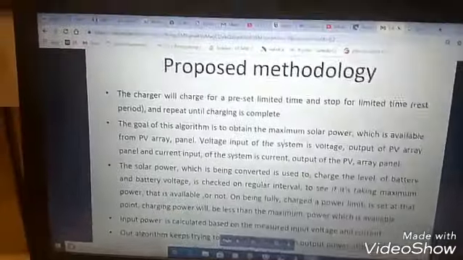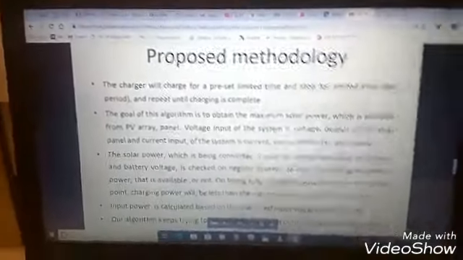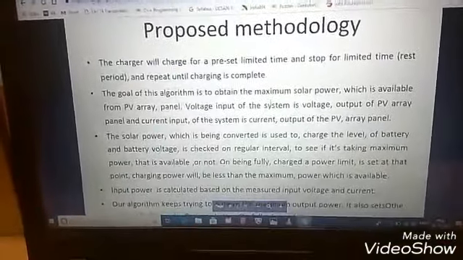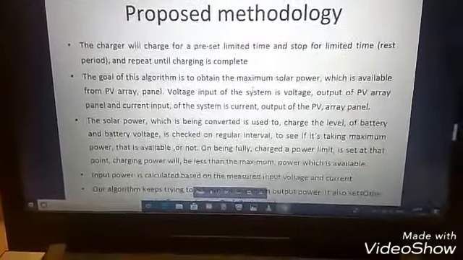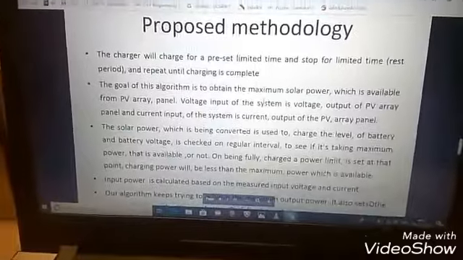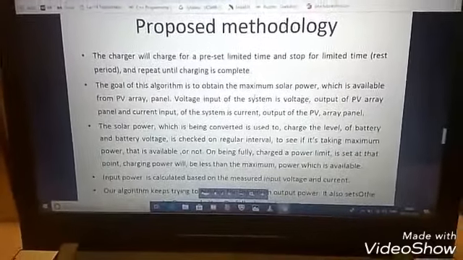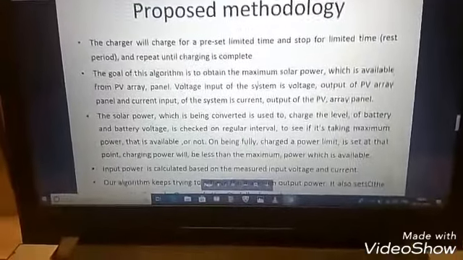The charger will charge for a preset limited time and stop for a limited time, and repeat until the charging is completed. And we have used this algorithm. The goal of this algorithm is to obtain the maximum solar power available from the PV array.